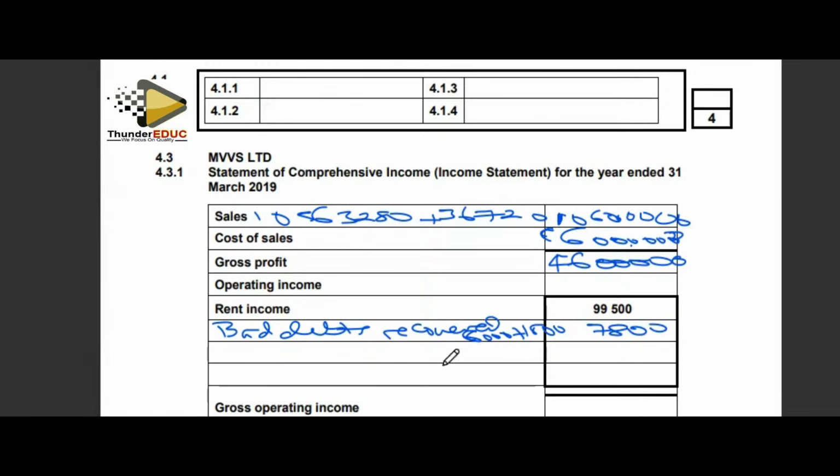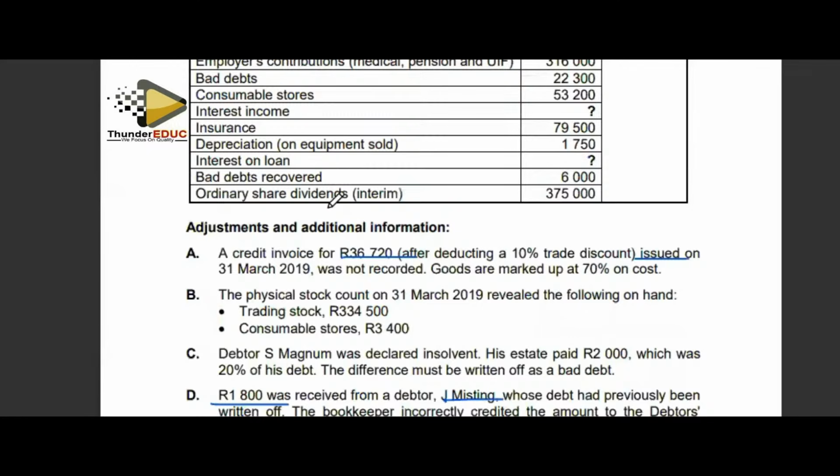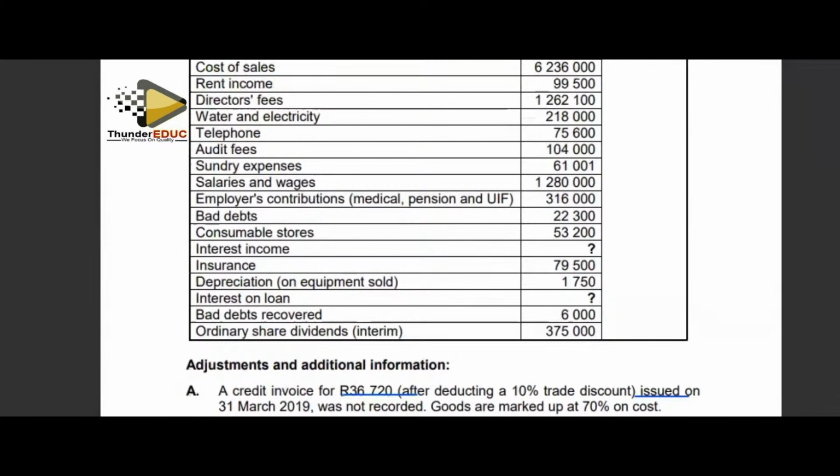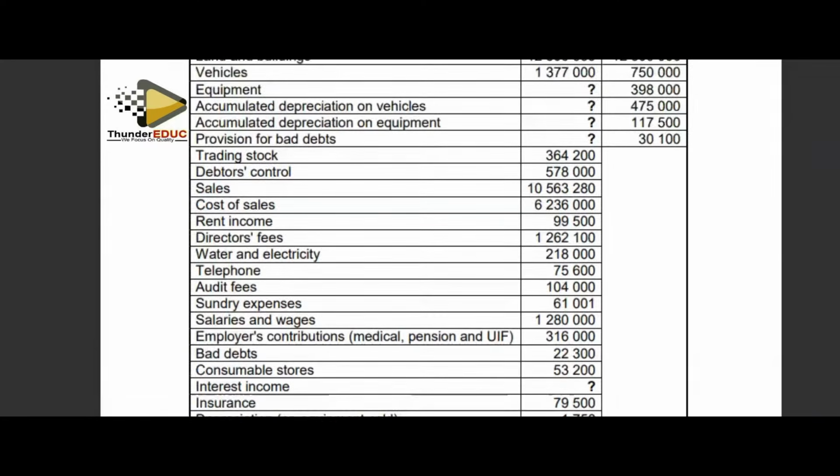Right. Now, the other item we have here is provision for bad debts. Let's look for provision for bad debts in our trial balance. Provision for bad debts is here, but they have given us the one for 2018, which is 30,100. So we have to come and reduce it.